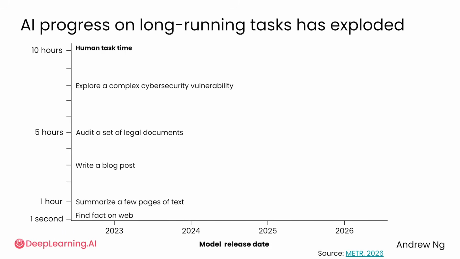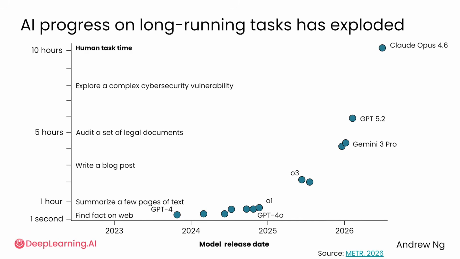And around 2024, 2025, models could start to do tasks that took seconds to many minutes or tens of minutes. And in 2025, models could start to have a decent success rate for doing tasks that took humans longer and longer and longer, to the point where now AI models can do tasks that can take humans many hours to do.